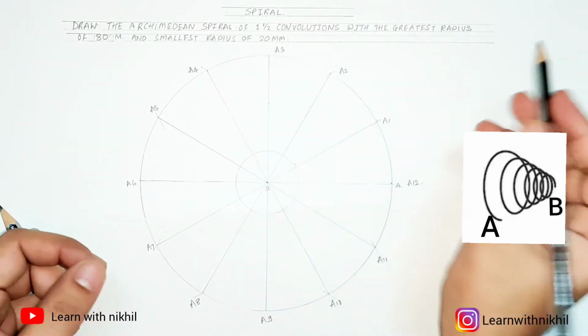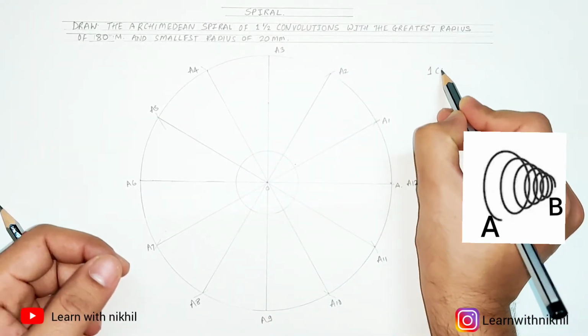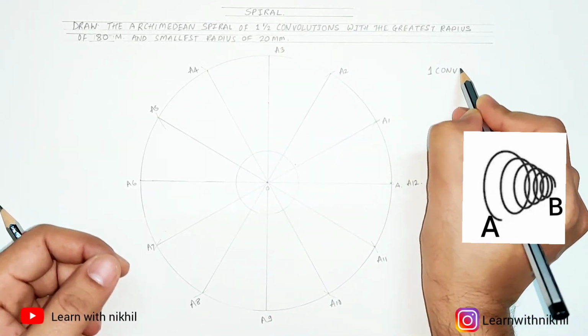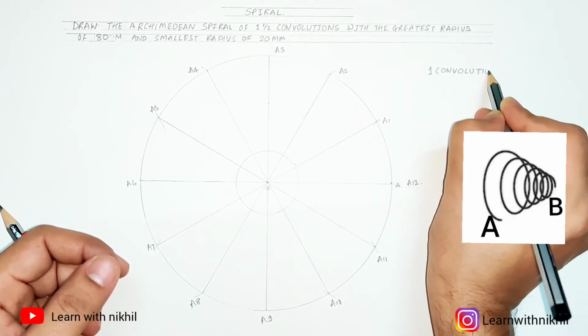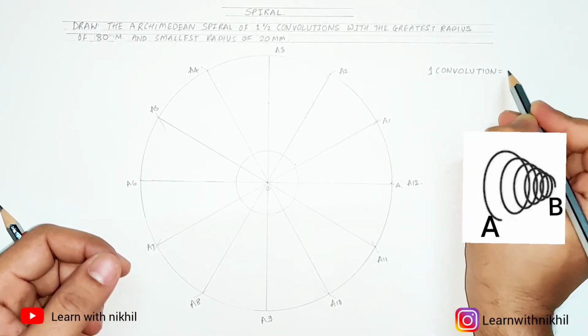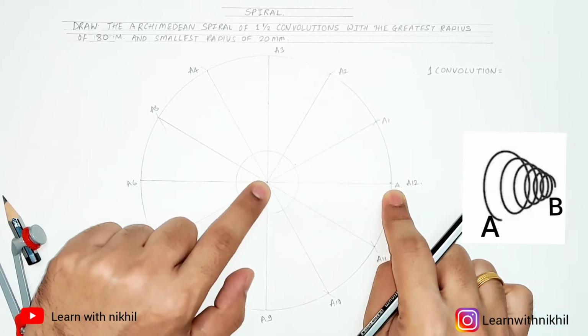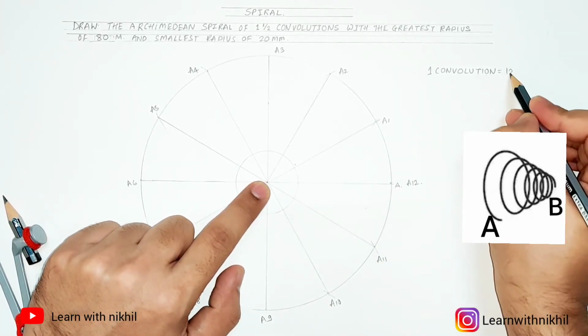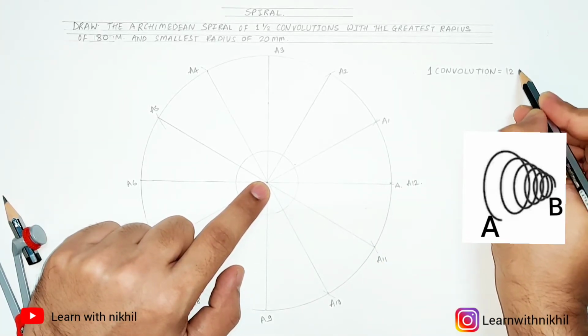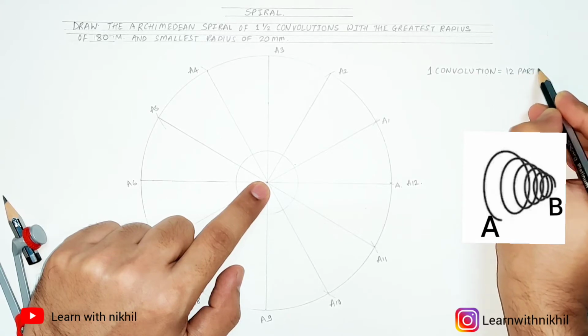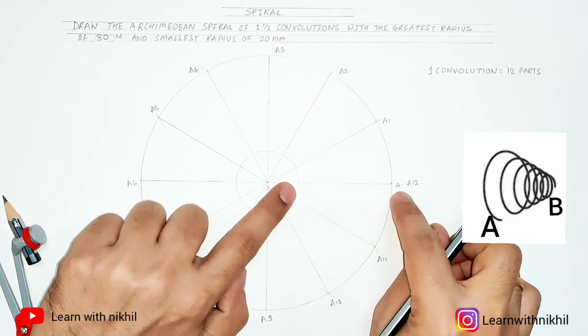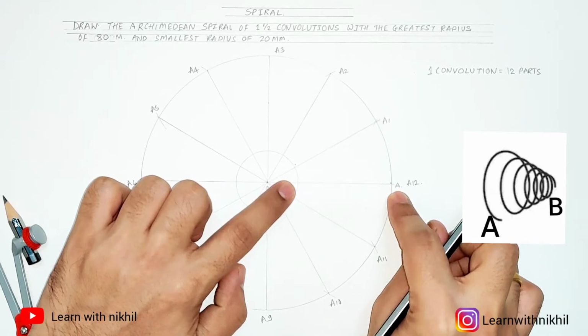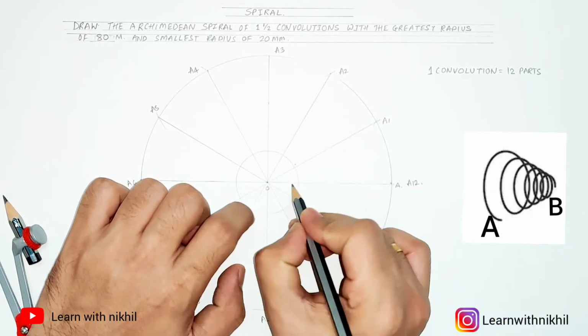Now as it is divided into 12 equal parts, 1 convolution will be 12 divisions or 12 parts. And for 1.5, it will be 18, as we have to consider more half parts.